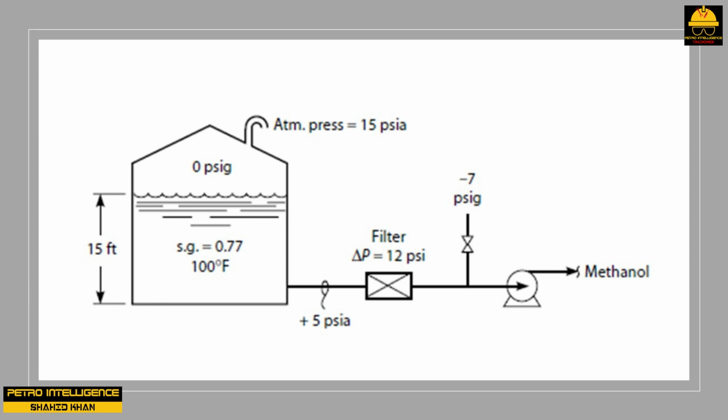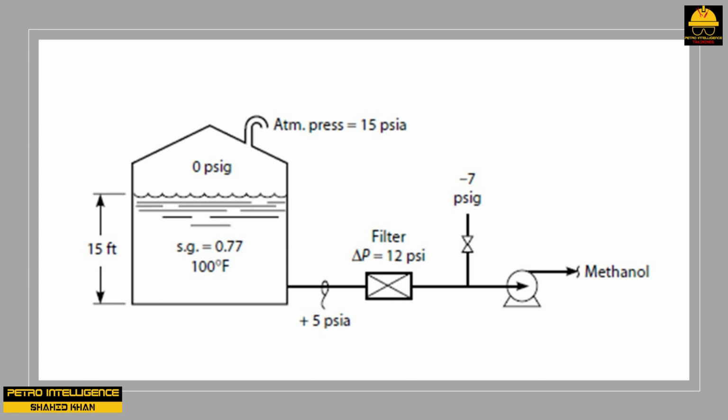The positive pressure to the filter of 5 psig is due to the 15 feet head of liquid in the tank. The filter delta P is 12 psi. Hence, the pressure at the suction of the pump is -7 psig. Since atmospheric pressure happens to be 15 psia on this particular day, the pressure at the suction of the pump is 8 psia.